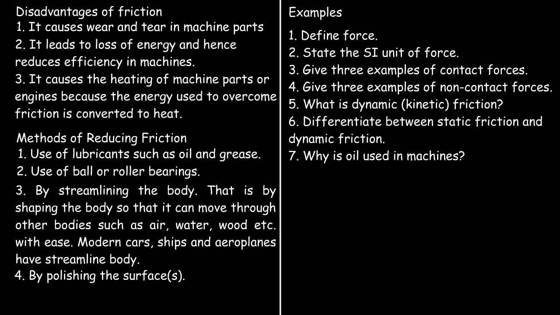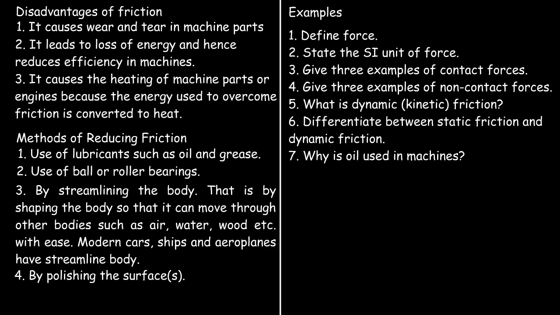Number 5, what is dynamic (kinetic) friction? Dynamic or kinetic friction is that friction that opposes motion, or is the frictional force that needs to be overcome for motion to continue. Number 6, differentiate between static friction and dynamic friction.